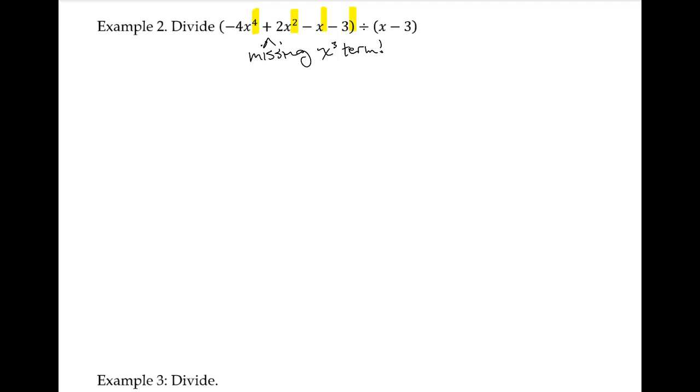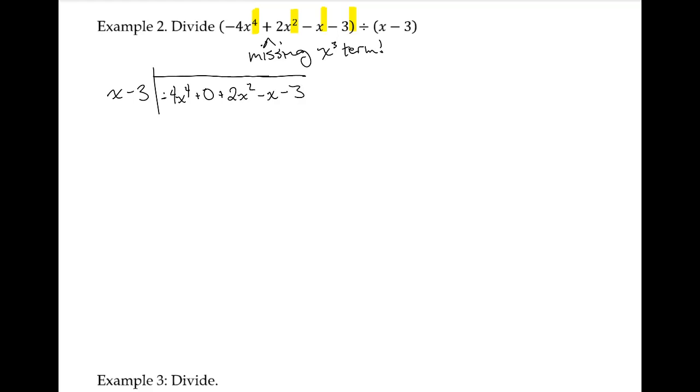So what is that going to look like? Well, it's going to look like this. I've got x minus 3 on the outside still. That hasn't changed, but instead I'm going to write negative 4x to the 4 plus 0 plus 2x squared minus x minus 3.